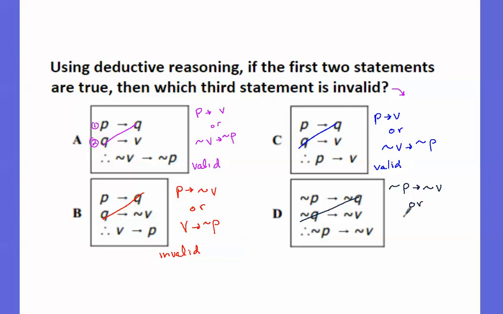Or, writing the contrapositive, reversing and negating, V would lead to P. Therefore, in my third line, not P would lead to not V. That matches my original, so this is indeed valid. And we want to know the invalid statement, so B would be an invalid statement. The first statement and the second statement do not follow with the third statement. Invalid.